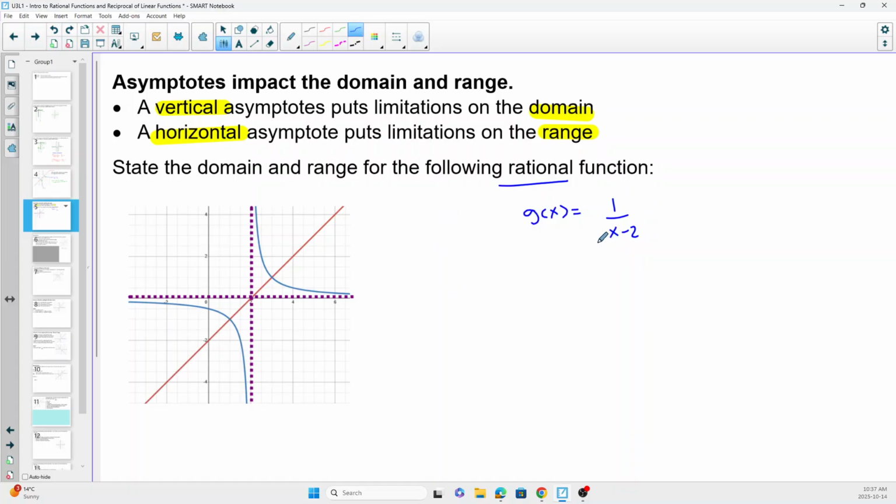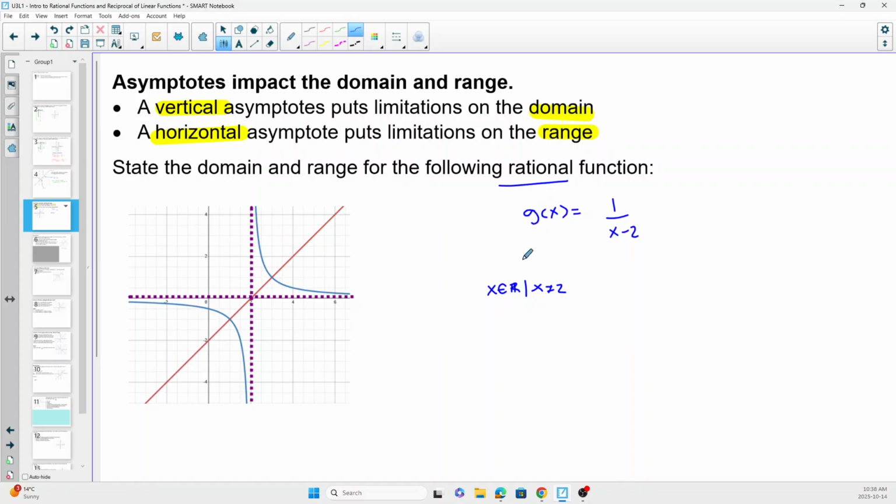So domain and range of this function. Well, for this function, g at x, x is an element of the real number system such that, so if we look at all our x values, x can be anything it wants, but it cannot be 2, such that x cannot equal 2. And the range of this function, especially given the graph, there is no way for this function to have a function value, a y value, of 0.